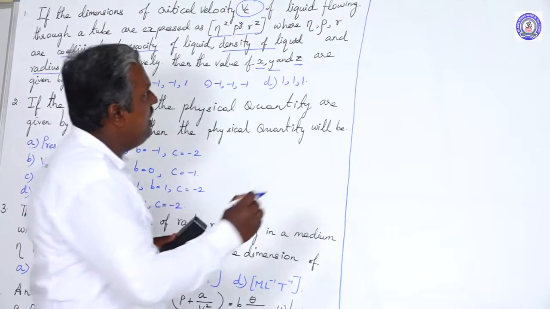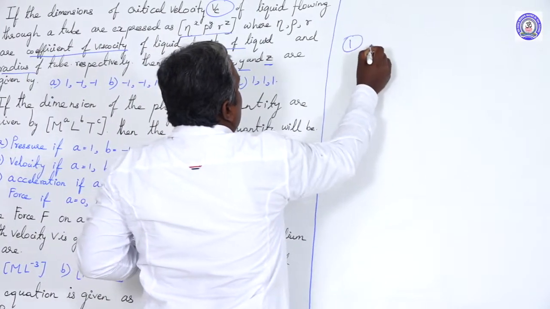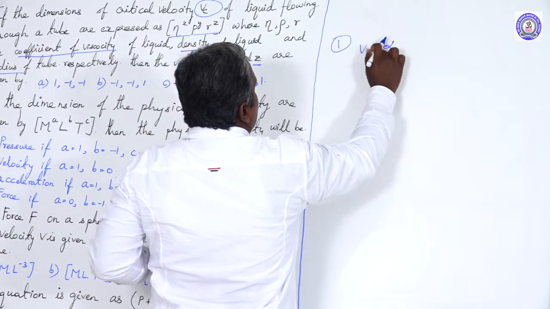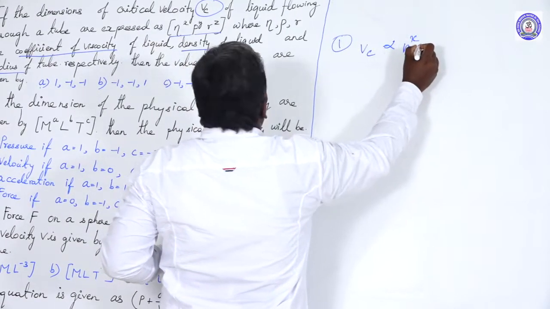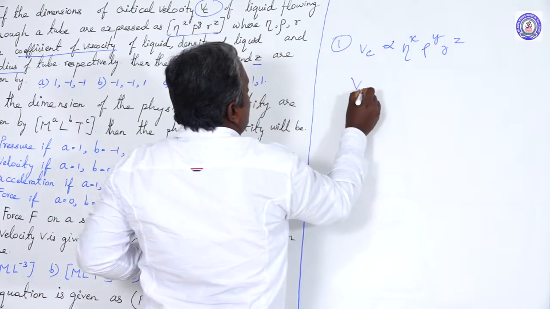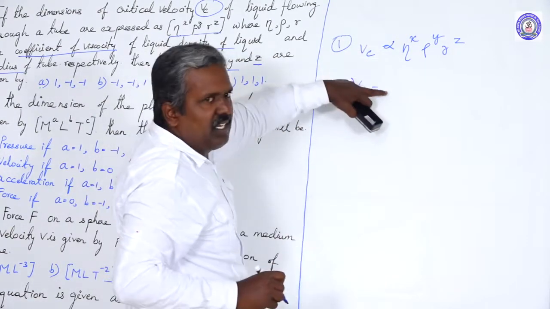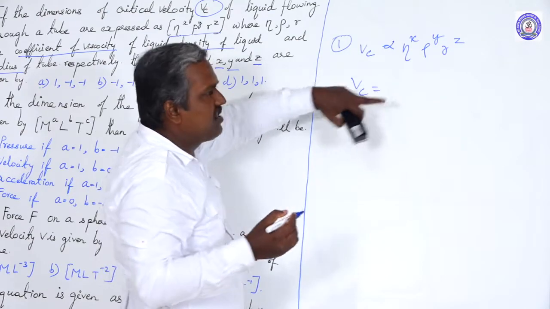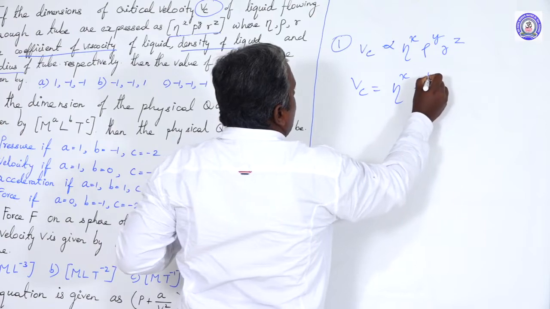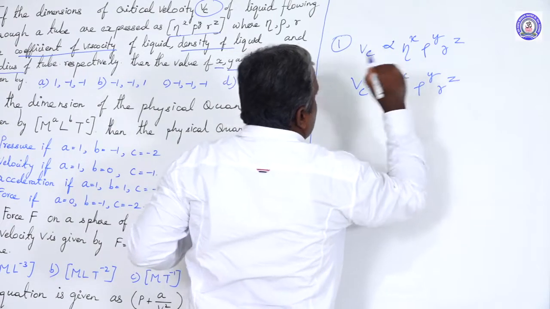So here we can write Vc is proportional to eta power x, rho power y, r power z. We must add one constant, which is called a dimensional constant. Vc is equal to k eta power x, rho power y, r power z.